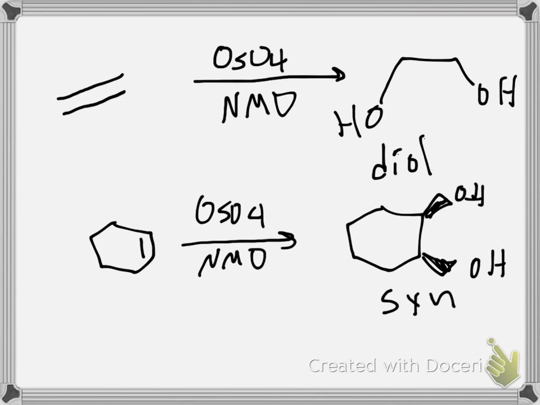So this is a syn addition because they've added to the same side of the carbon-carbon double bond. Unfortunately, we don't have a good way of carrying out this reaction so that the OHs would add anti. We may see one later on. It just depends on how much time there is left in the term. So you do have to show stereochemistry of the addition.